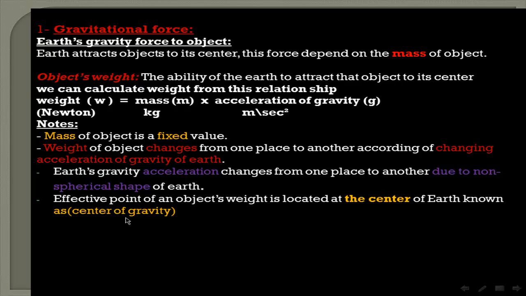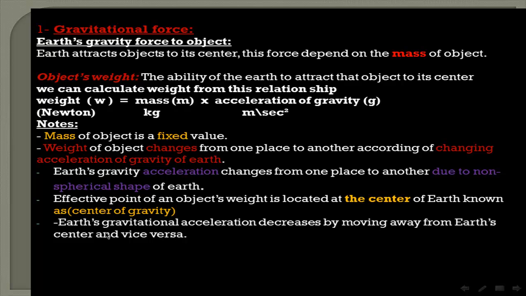Again, the effective point of an object's weight is located at the center of Earth. This point is known as center of gravity. So, Earth's gravitational force acceleration decreases by moving away from Earth's center and vice versa.